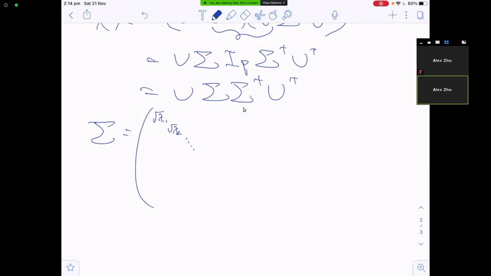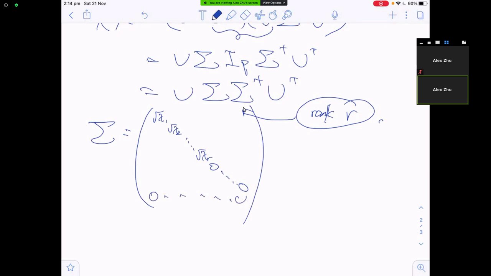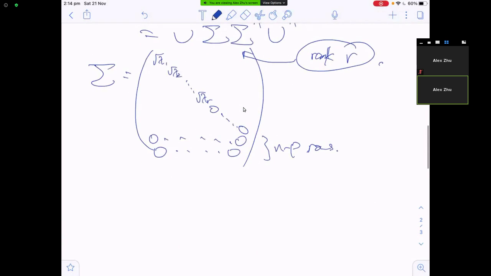Because X is rank R, that automatically means sigma is also rank R, which means this matrix only has R diagonal elements, and everything else is 0. And if n is greater than p, there will be n minus p rows of zeros. So this is what sigma looks like.